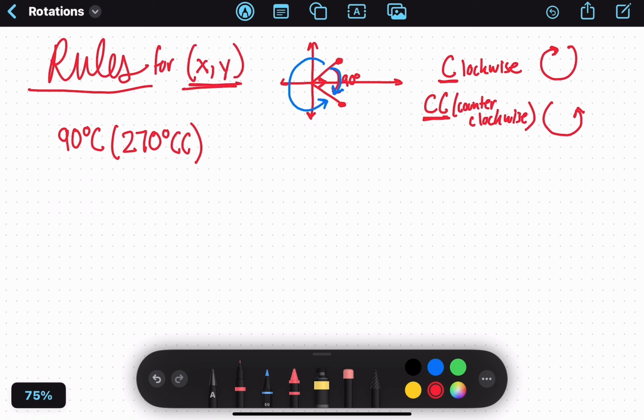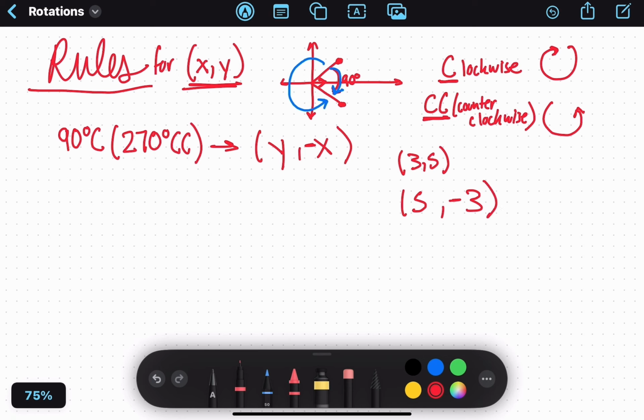Okay, so 90 degrees clockwise, you're basically switching x and y, and you're also making x negative. So you're making it (y, negative x). So let's say we had the point (3, 5) and we want to move it 90 degrees clockwise. All you do, make it (5, 3), and then you make the 3 negative, and there you go.